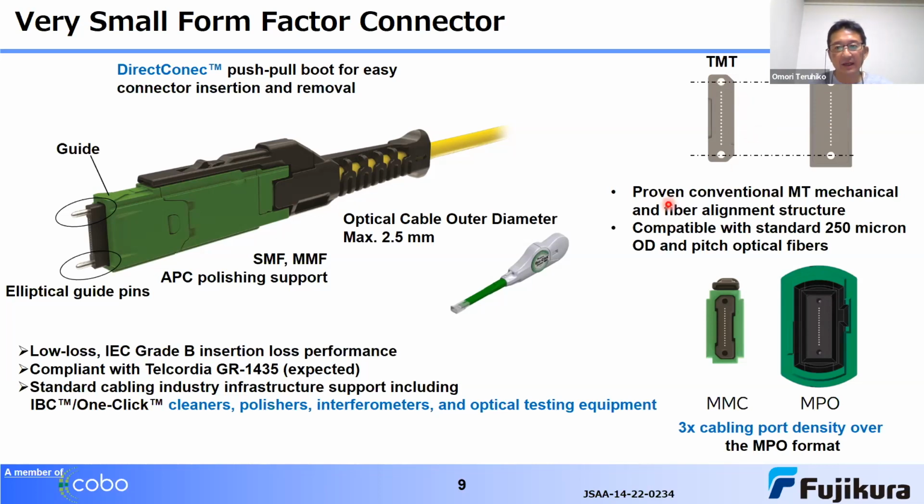So this connector utilizes a proven conventional MT mechanical and fiber alignment structure, and also is compatible with standard 250 micron outer diameter and pitch optical fibers. This shows the interface of MMC connector and MPO connector. MMC connector has a 3 times cabling port density over the MPO format.